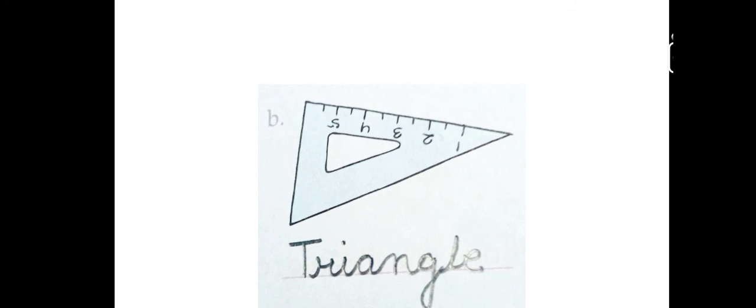Number B, I think you identify this shape. This is triangle. TRIANGLE. Number C, this is clock, and you know very well this is circle. The spelling is CIRCLE.